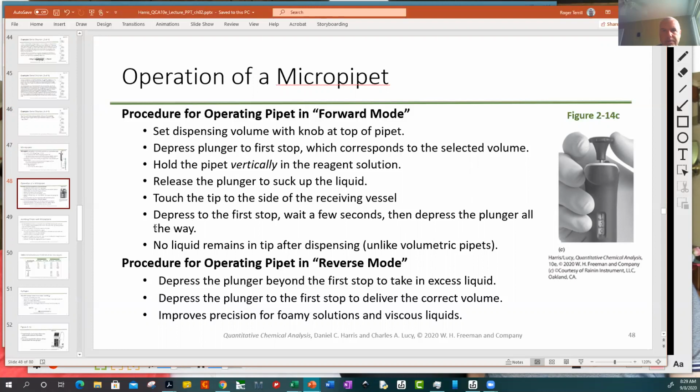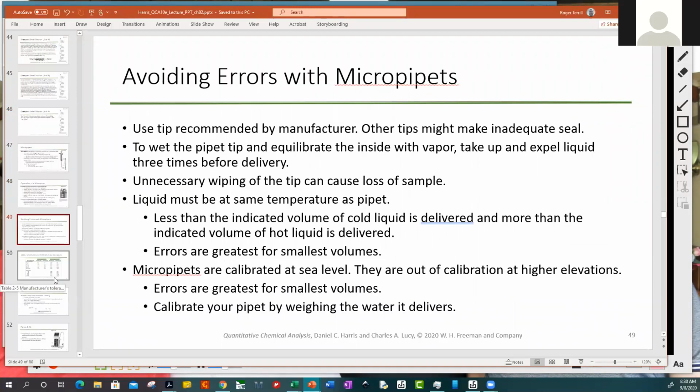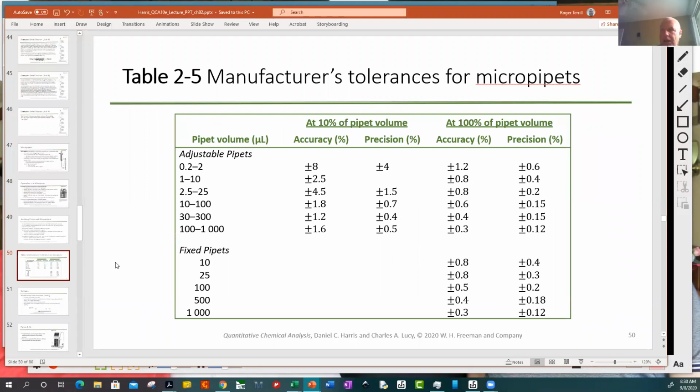That's how you normally do it. Or you can go all the way down, take it up, and then shoot it down a little ways. This can be a little bit wasteful. If you only need a small percentage of the pipette volume, then you're going to take an entire plunger full, which is like twice the nominal volume in the pipette. So play with this a little bit. Just read the instructions here.